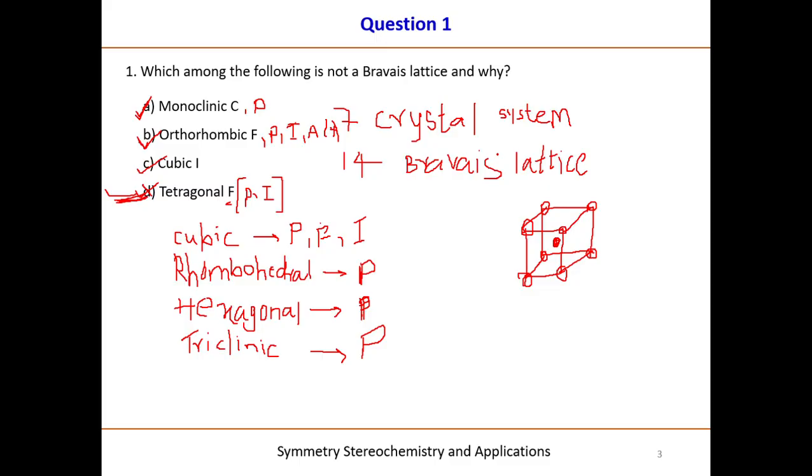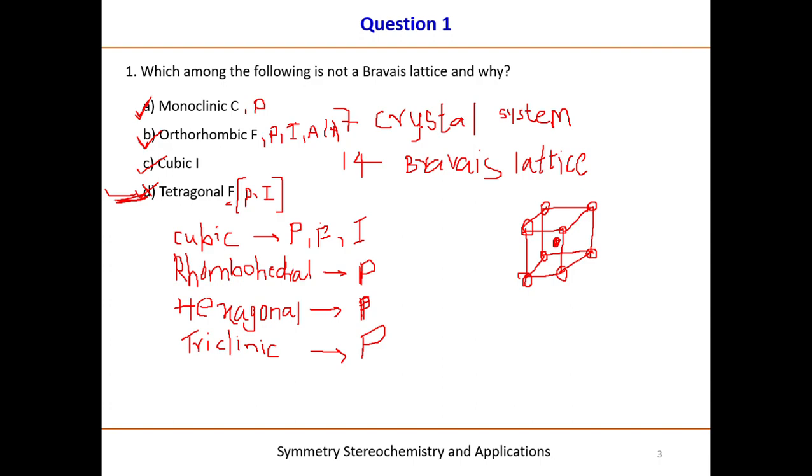We have discussed that in lattice system there are 7 crystal systems. Those 7 crystal systems are monoclinic, orthorhombic, cubic, tetragonal, rhombohedral, hexagonal, and triclinic. From these 7 crystal systems we have 14 Bravais lattices.